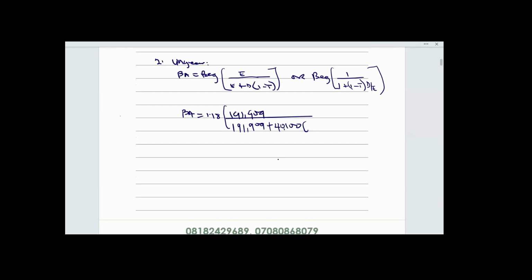So 35% is given for both proxy and Kilimanjaro. So 1 minus 35% will give us 0.65.